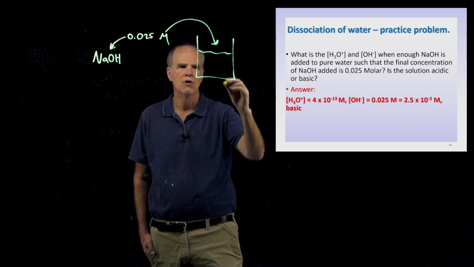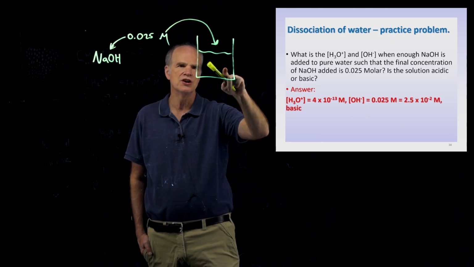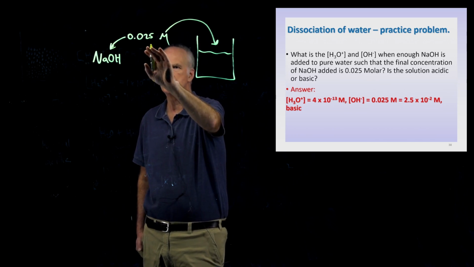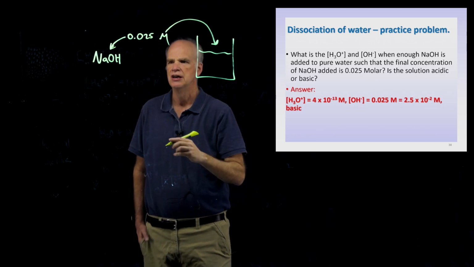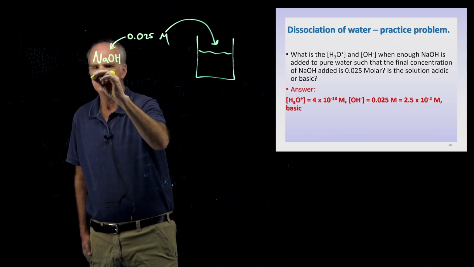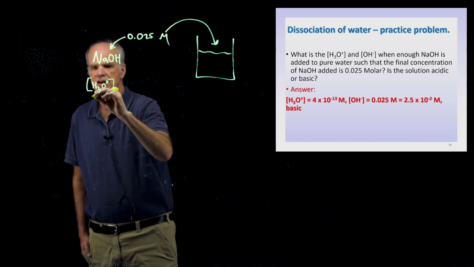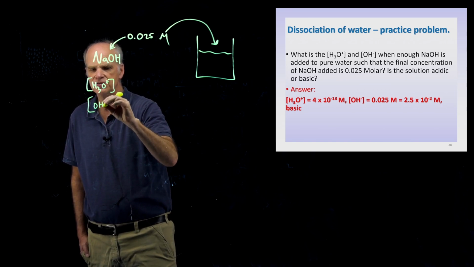What will be the final hydronium and hydroxide concentration? Somehow we're going to have to take 0.025 molar of sodium hydroxide, and figure out the hydronium concentration and then the hydroxide concentration.